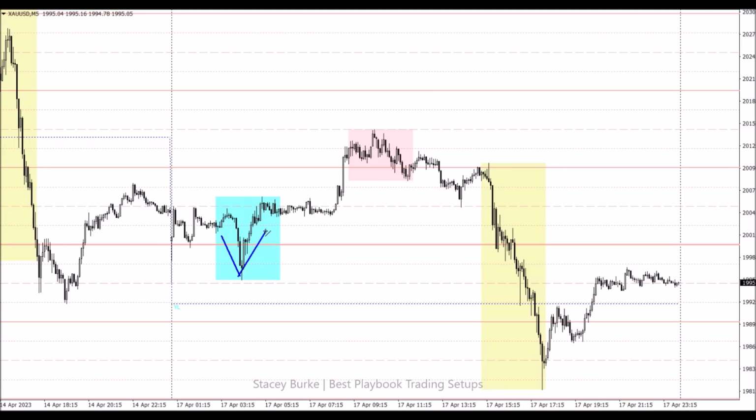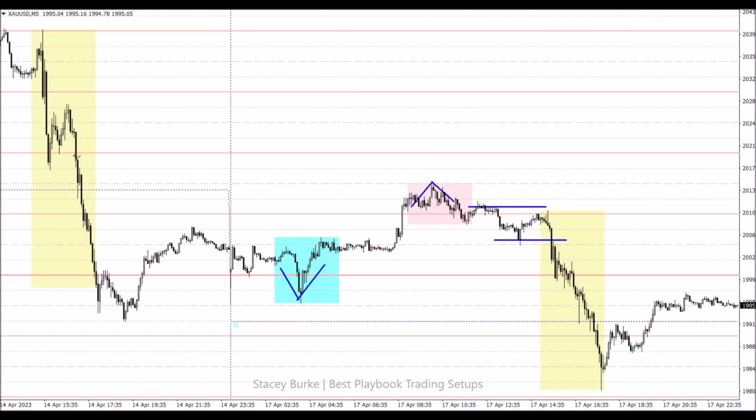Gold gives us a peak formation low in our Asian window. Again, you'll notice the double zeros, then a peak formation high in our London window before dropping down and consolidating up near the high of the day. Lower low, lower high. That is the formula for our pump and dump. You will also notice that this is a breakout from the previous day's low, and our peak formation high comes back into that breakout.